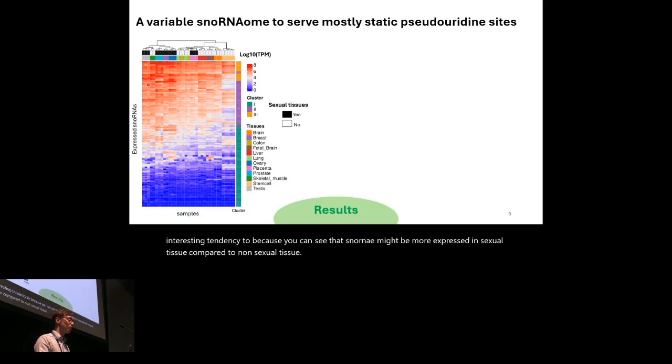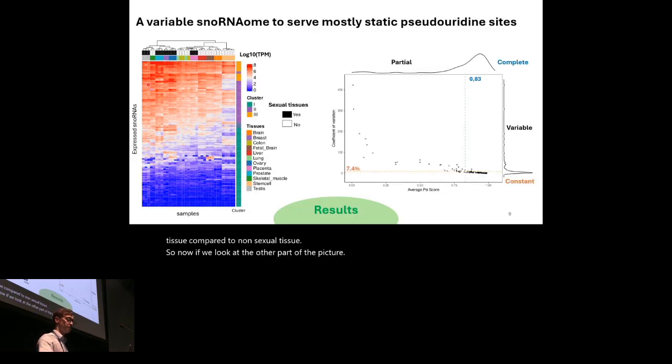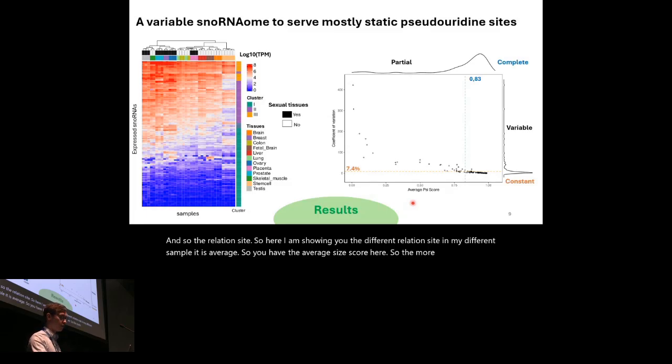Now, if we look at the other part of the picture, at the pseudouridylation sites. Here I am showing you the different pseudouridylation sites in my different samples. It is averaged, so you have the average psi score here. The closer to 1, the more pseudouridylated it is in my sample.